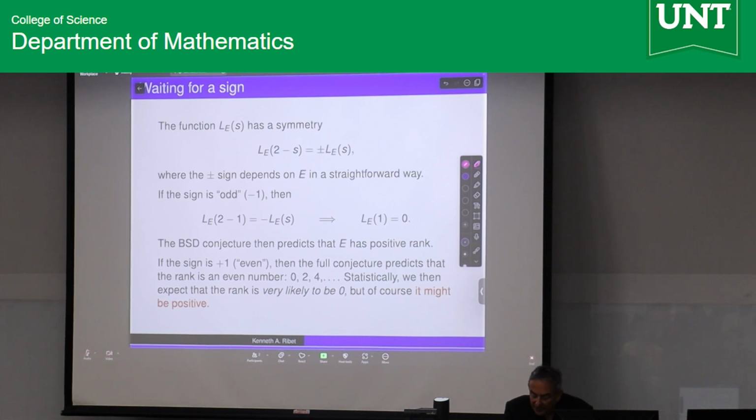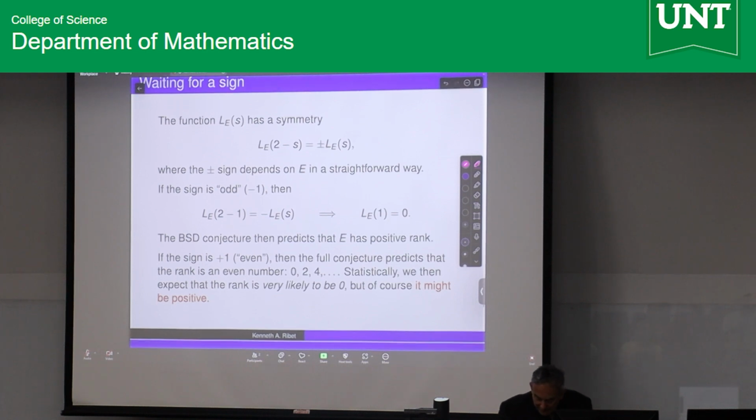And this is called the sign, it's a plus sign or a minus sign. And if the sign is minus, then at s equals 1, the number is its own negative, so it has to be 0. And therefore, the rank should be positive.